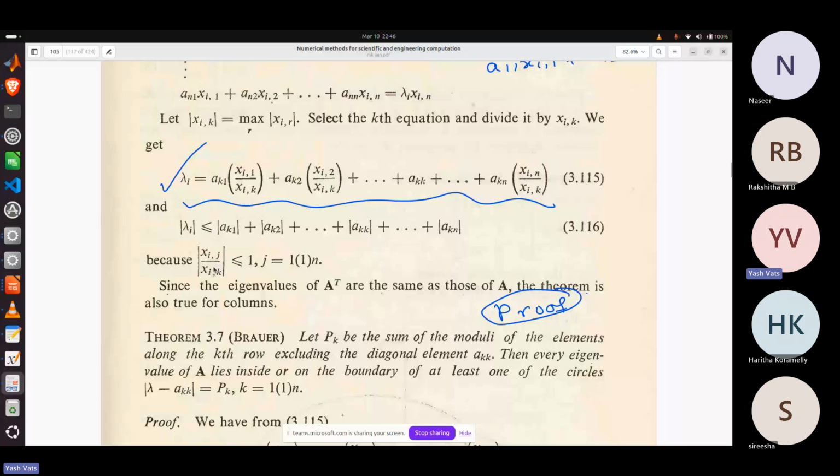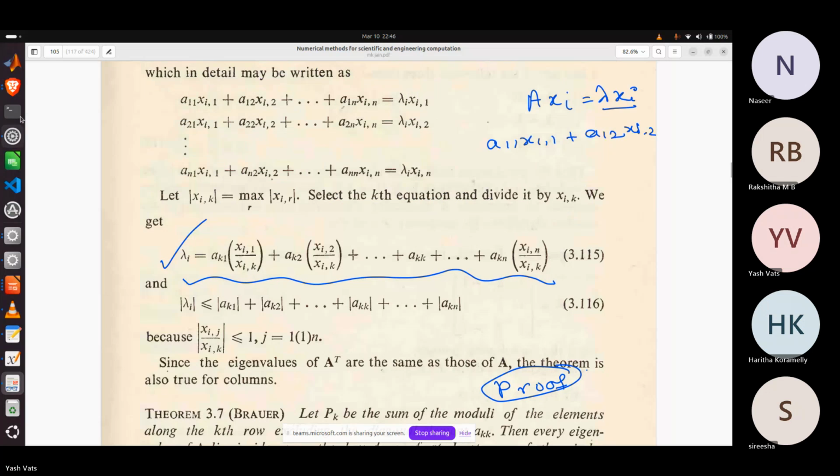That's the reason. So |lambda| is less than the row sum. Similarly, you have the column sum. Since it is less than each row sum, it is less than the maximum row sum, and hence this theorem. Is this clear, everyone?